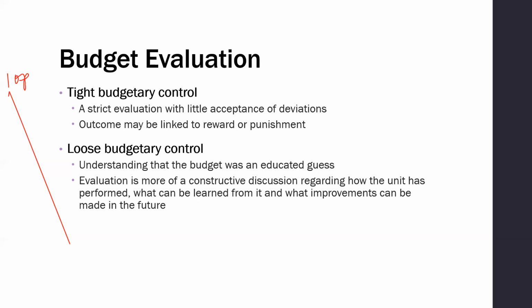On the other hand, tight budgetary control is essential, for example, in production, right? Obviously, the cost per unit should not change just like that, right? There's a standard costing for that. So our budgetary control is tight with respect to production cost, right? It doesn't swing so easily in terms of costing.